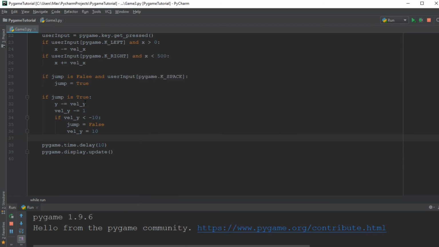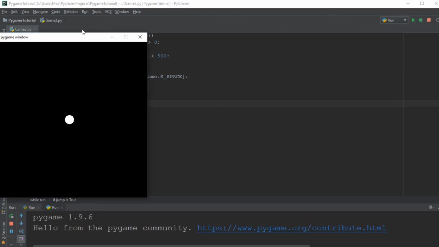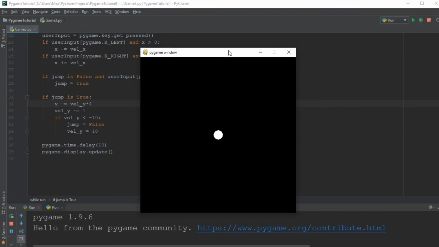So in order to make this jump bigger, we could, for example, multiply our velocity by a constant. So let's multiply our velocity by the constant 4, for example, and now you'll see that our jump has gotten a lot bigger, but at the moment it is still pretty fast.